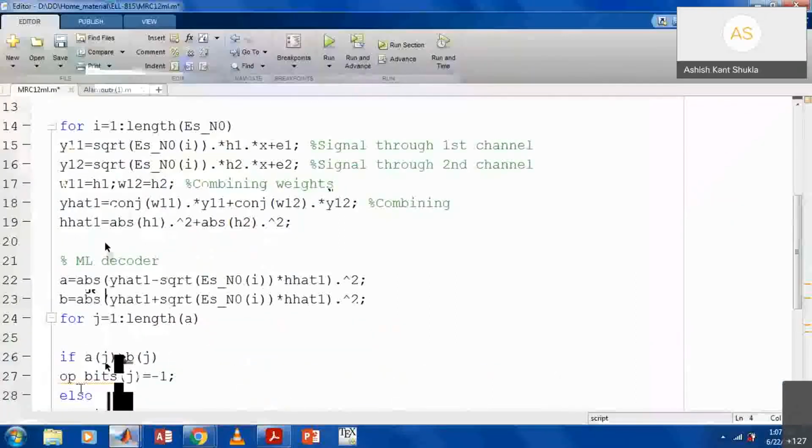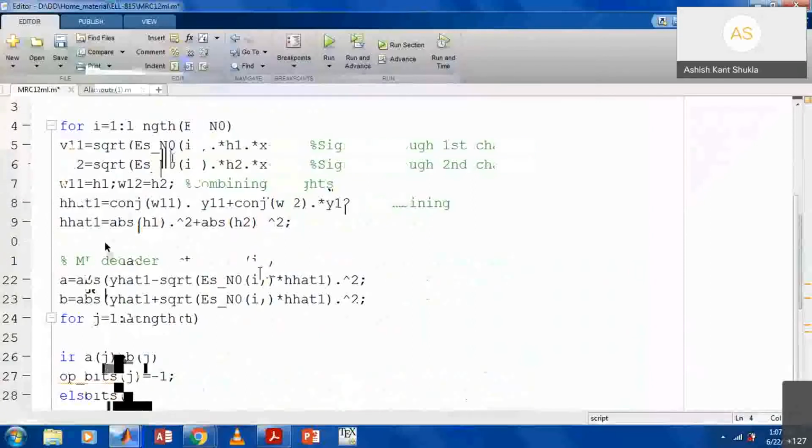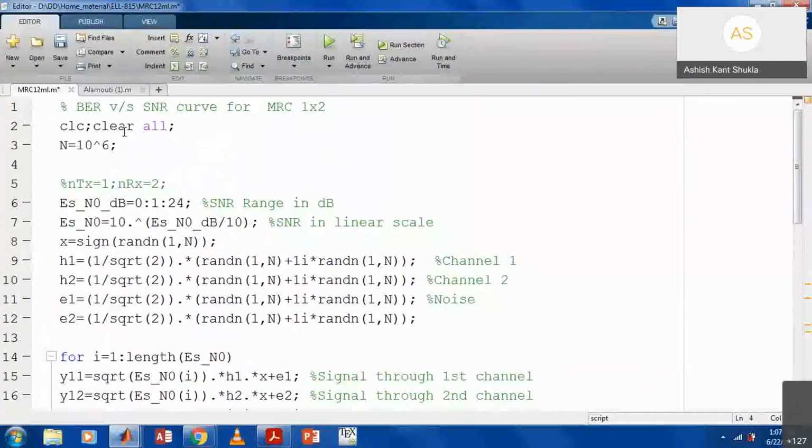And just like the previous case, I will compare the simulated BER with the analytical one. MATLAB code, MRC 1x2 system. Line number 2, you all know about it. Then line number 3 is the number of symbols. We are taking the number of symbols as 10 to the power 6.